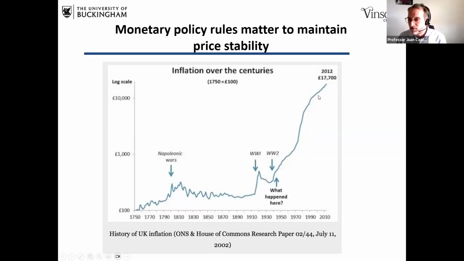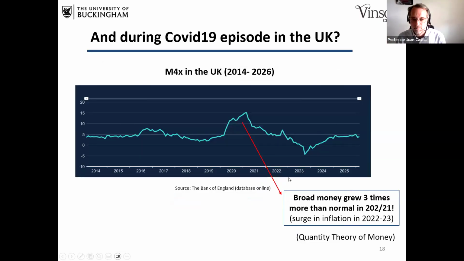But nevertheless, there is an inflationary drift in the system. This is why this diagram, I think, summarizes very well why it's so important to impose a limitation on the ability of the Bank of England, or if you like, the government, taking it broadly, to produce money, because we want to maintain the purchasing power of the currency.